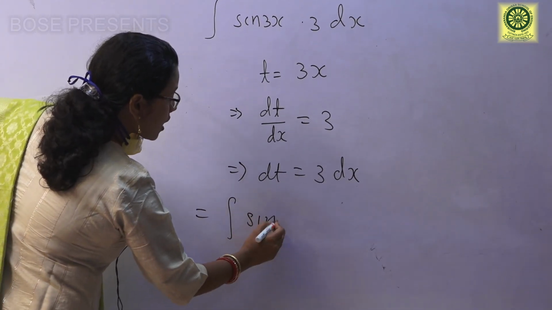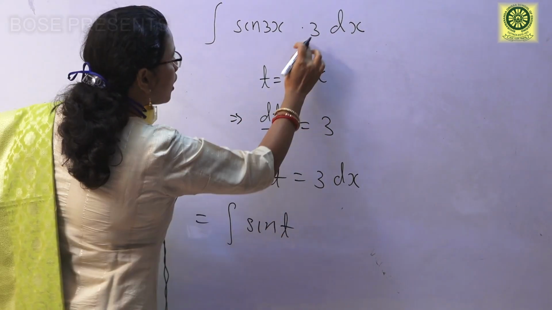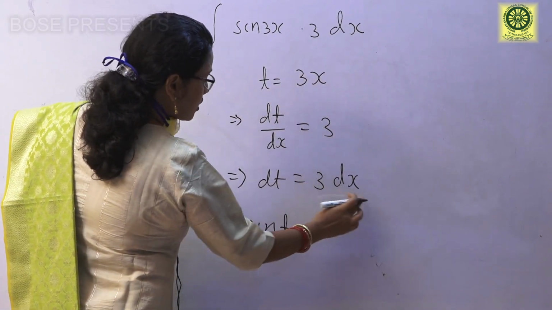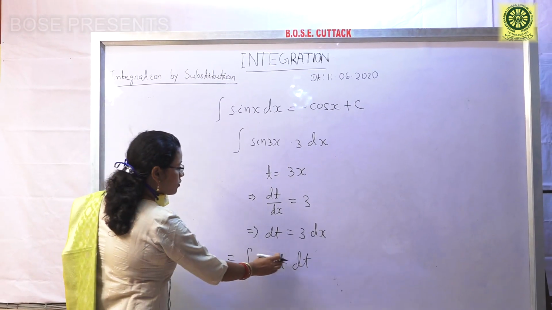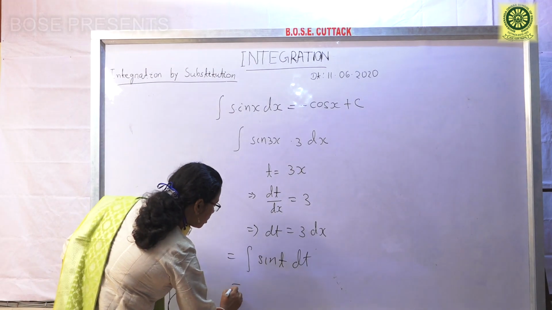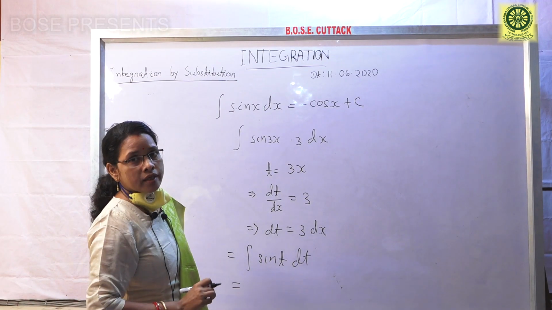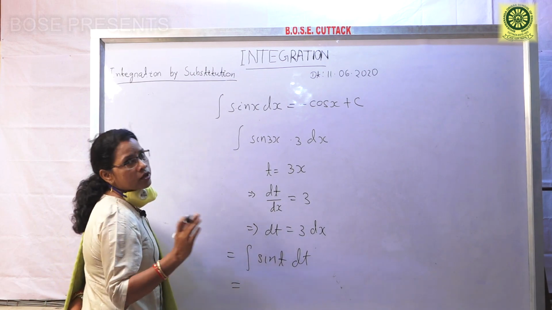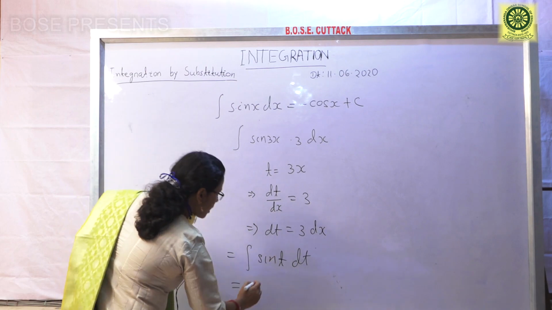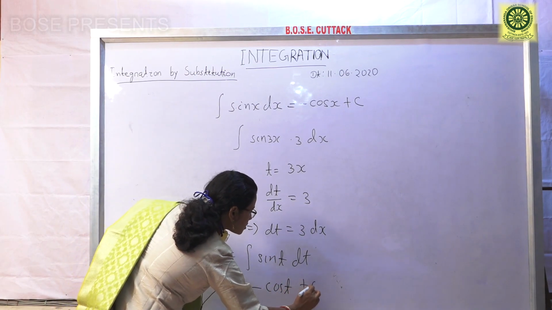integral of sin 3x. Just replace this 3x by t and this 3 dx by dt. So here we will get a simple integral, that is the integral of sin t with respect to t. Now just use the simple integration formula to evaluate it. The integral of sin t is minus cos t plus c.